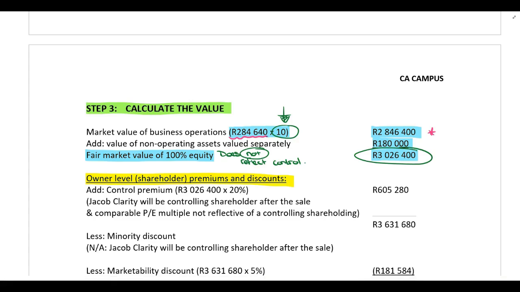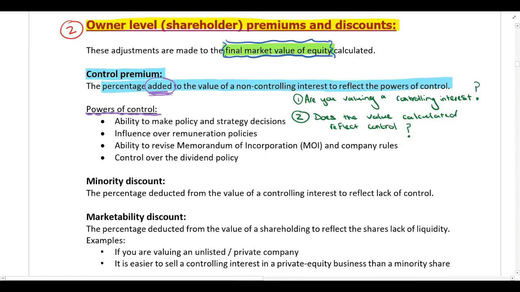So I've answered the two questions now. The first question is, are we valuing a controlling interest? Yes, we are. And does the value calculated reflect control? No, it doesn't. So we now have a problem. We are valuing a controlling interest, but the value we calculated does not reflect control. And that means we need to add a control premium, because by adding the control premium, we will then calculate a value that does reflect control.